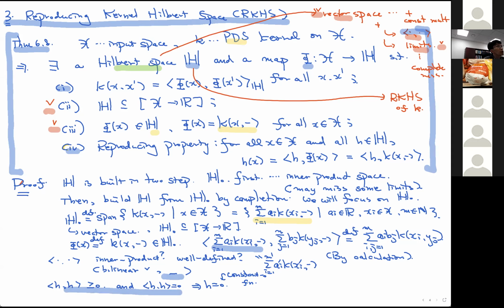And for the first, suppose this h has this form, the summation of a_i k(x_i, ·), i equal to 1 through m.